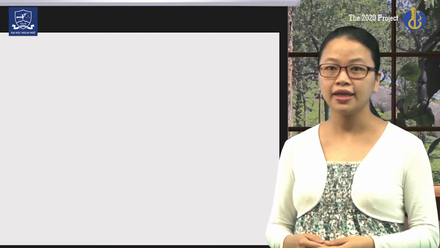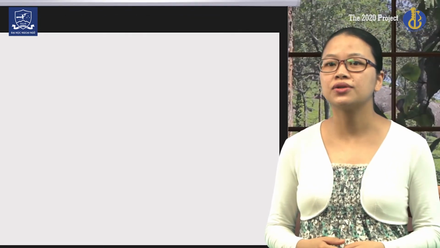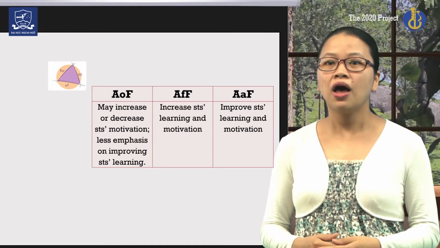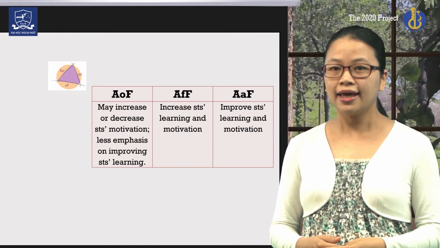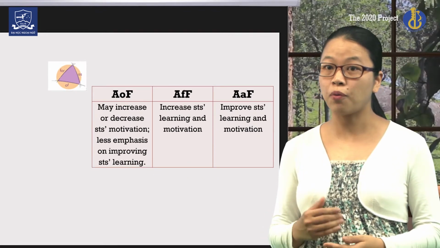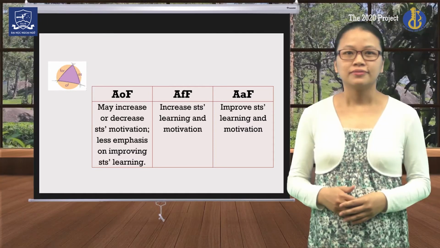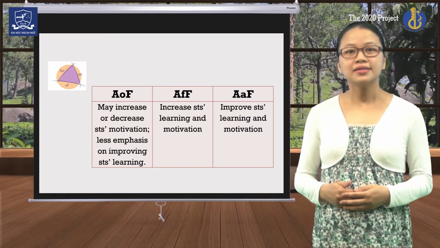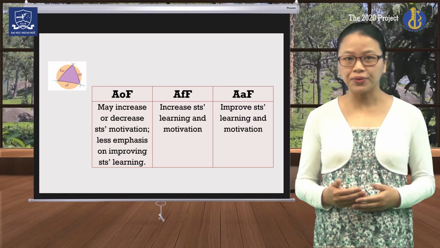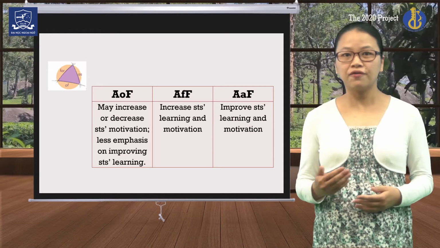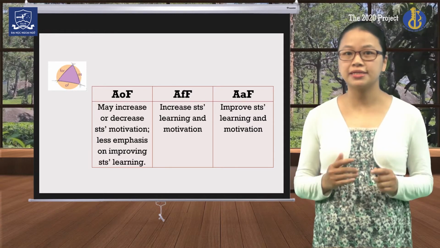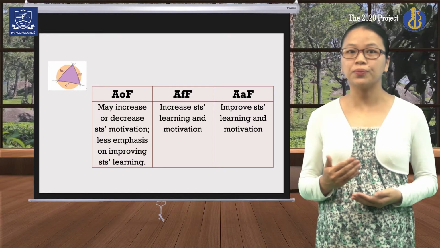Finally, concerning students' learning and motivation, both assessment for learning and assessment as learning have positive effects. On the contrary, assessment of learning may increase or decrease students' motivation, and this type of assessment doesn't emphasize improving students' learning.